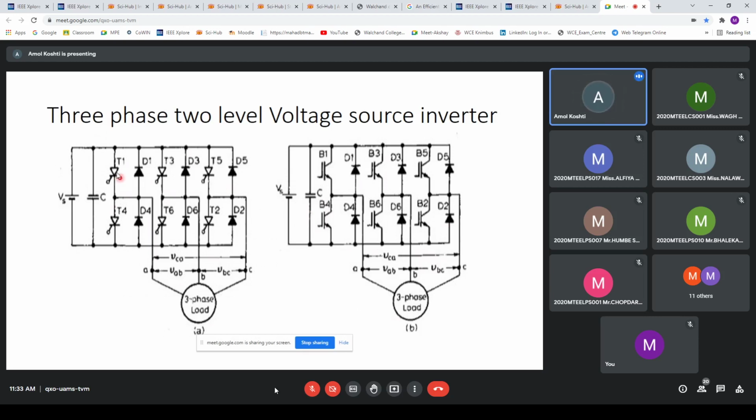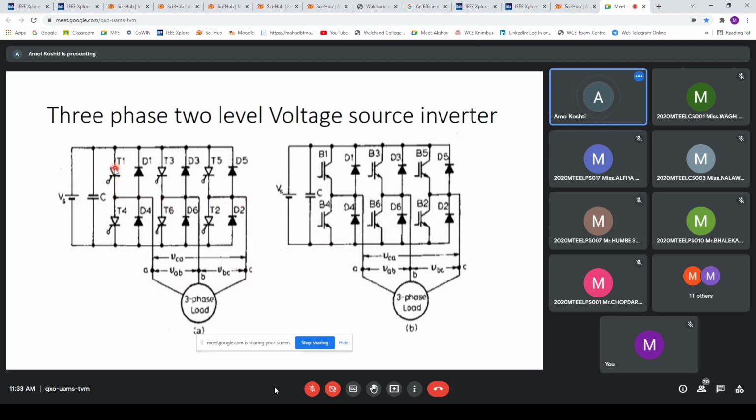In a three-phase inverter, we combine three single-phase inverters, one single phase for every phase. You can assume this as the A phase, then this is the B phase, then this is the C phase, or the R phase, Y phase, B phase. This is the construction.